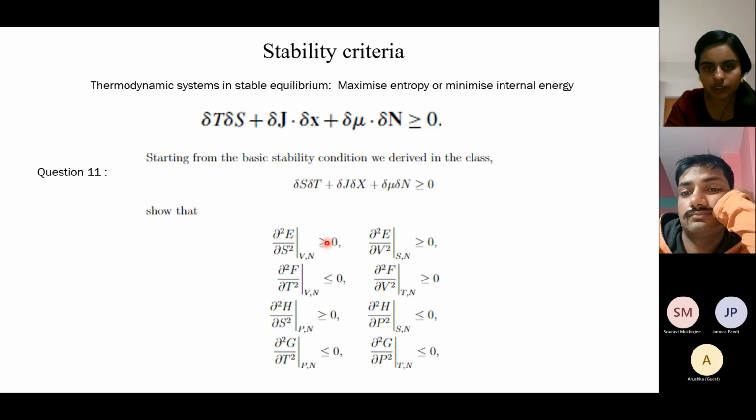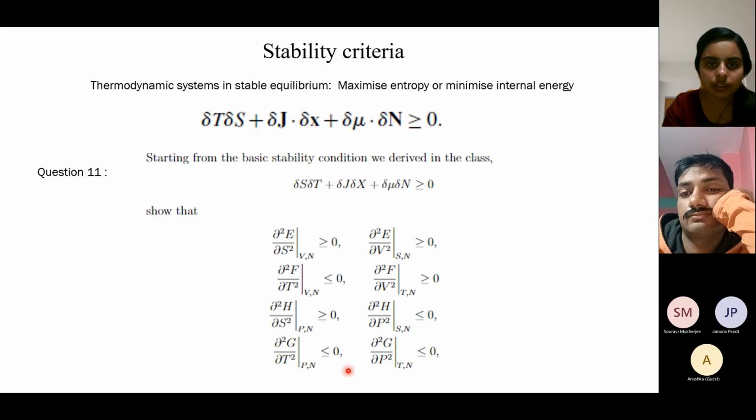So the different state functions are like the internal energy or the Helmholtz free energy or enthalpy or the Gibbs free energy. And how do they tend to change with respect to entropy or volume or pressure or temperature as the system tends to stable equilibrium. So these are very fundamental inequalities that govern how systems tend to equilibrium, rather stable equilibrium, and it's very important to understand how we get there.